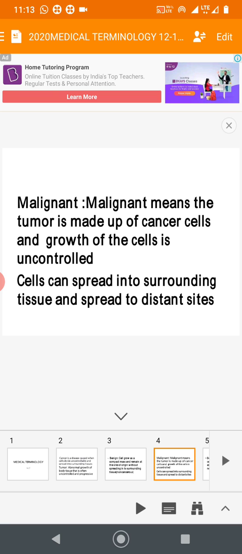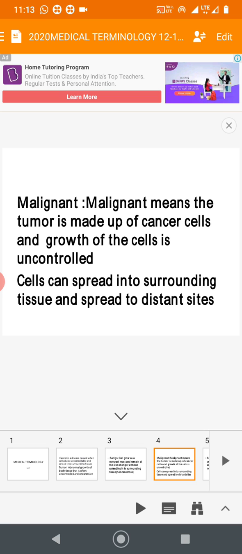Malignant means the tumor is made up of cancer cells and growth of the cell is uncontrolled. As I told, malignant tumor is cancerous. Okay, uncontrolled cell division is there.